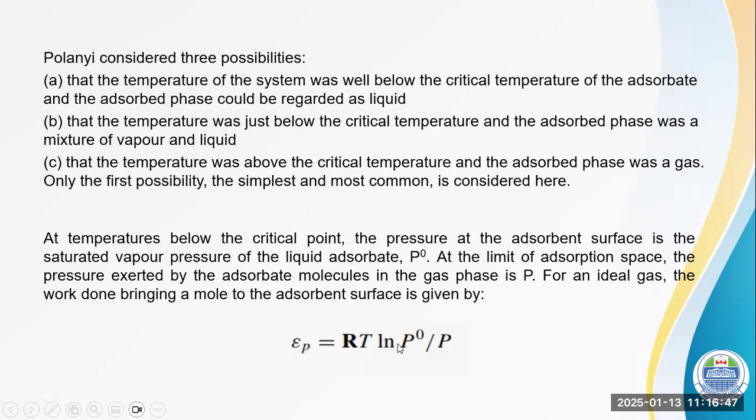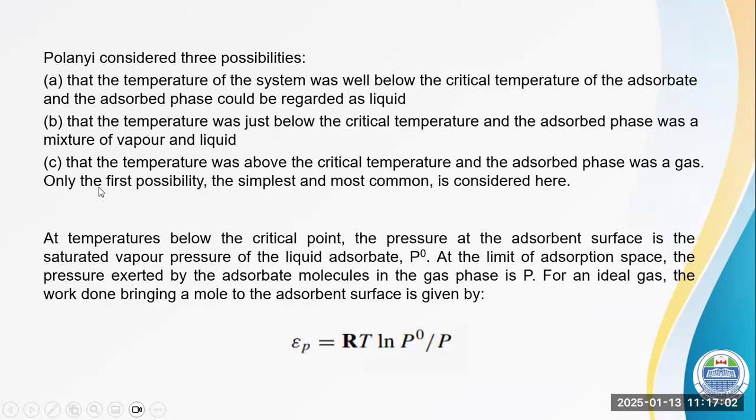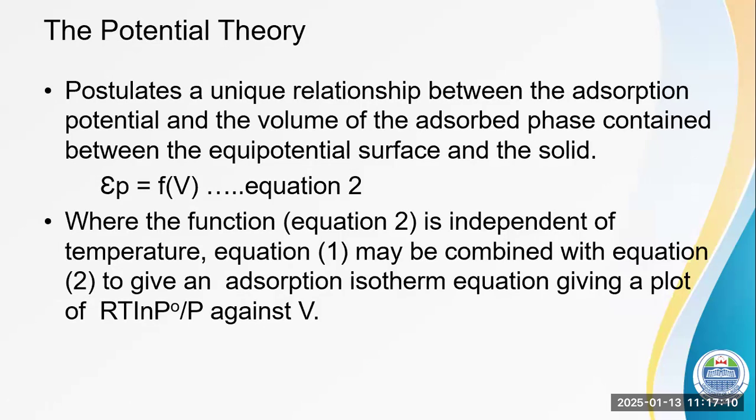So Polanyi postulated this equation 2, that epsilon P, the work done in bringing one mole of the adsorbate from infinity to that equipotential, liquid-like surface, is a function of V. And don't forget what I said V is.